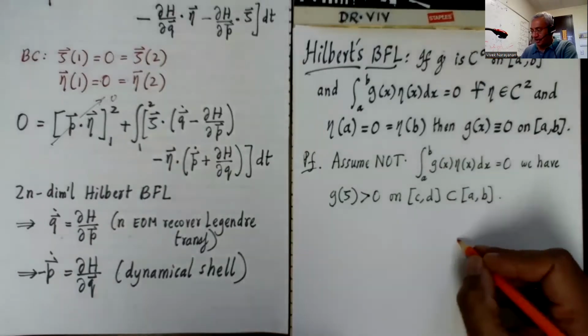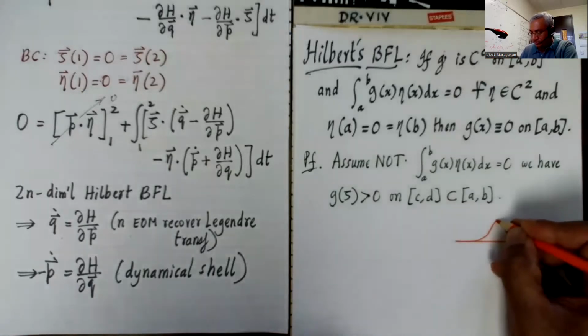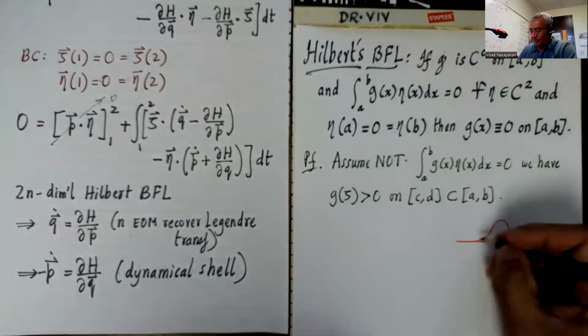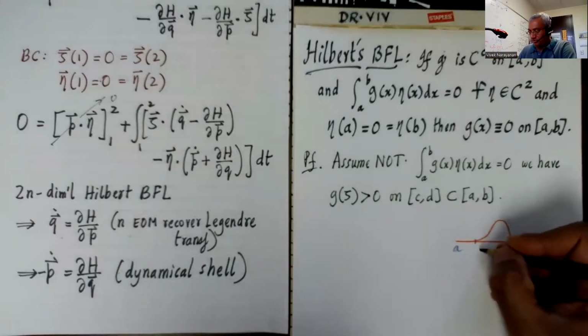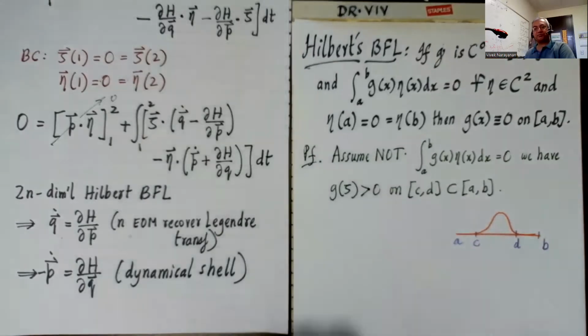Now let's look at that eta function. What we're going to do is we're going to create a bump function. So that is A, that is C, that is D, and that is B. So we're going to call our bump function eta, which we manufacture to be C2. So we have to manufacture a bump function that is C2.